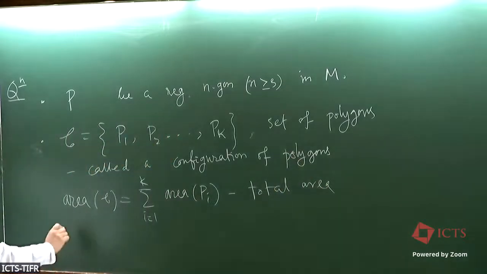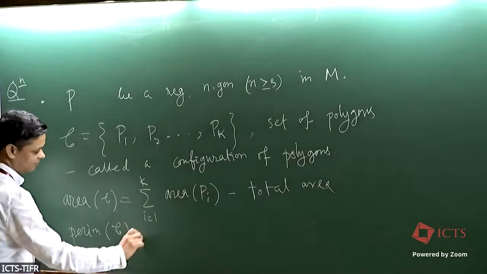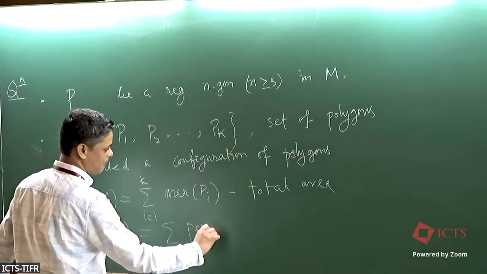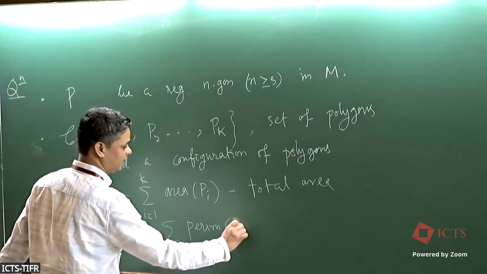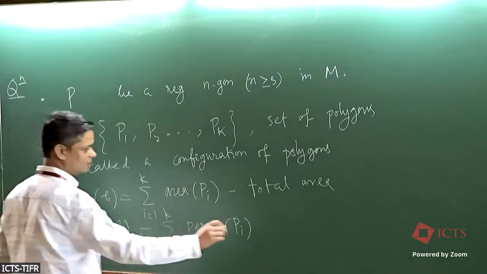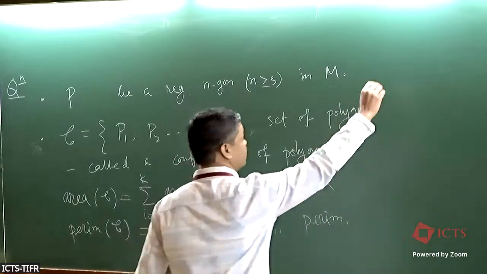And the perimeter of the configuration C is equal to the summation of the perimeters of Pi, over i equal to 1 to k. This is called the total perimeter of the configuration C.